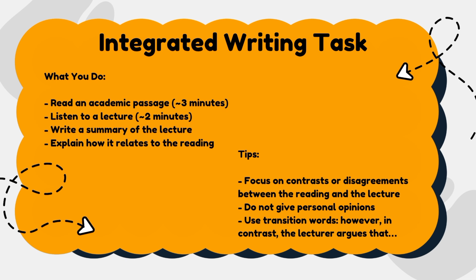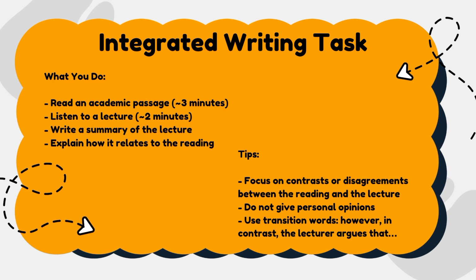Now let's go over a few helpful tips. Focus on the contrast or disagreement between the reading and the lecture. These differences are what you need to highlight in your writing. Use transition words like "however," "in contrast," or "the lecture argues that."